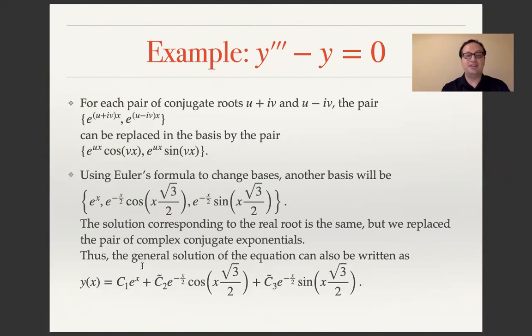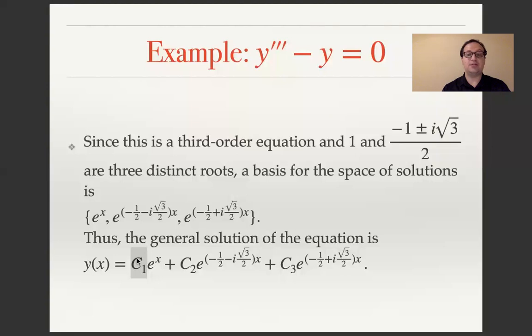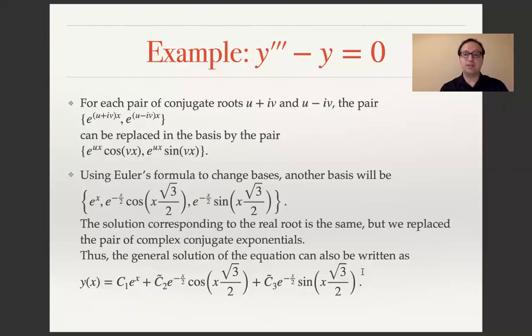And the constant C1, which is the coefficient of e to the x, actually turns out, if you do the computations, to be the same as the constant C1 in the other representation. So C1 is actually the same, and the other two constants, of course, get changed. All right?